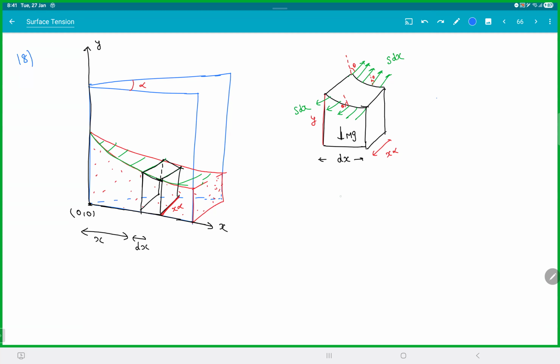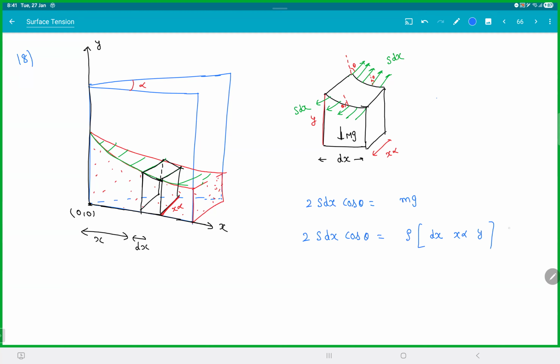So this would be how much? 2 S dx cos theta is balancing the weight of that small piece, mg. mg will be how much? You can take that like a small cylinder there, which is density of the liquid rho, dx is the width, x alpha, height is y.